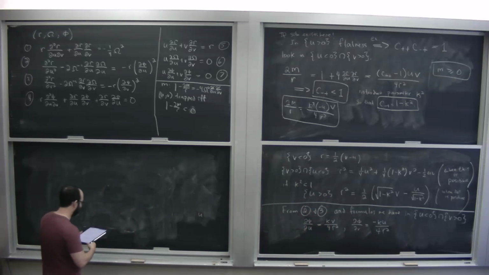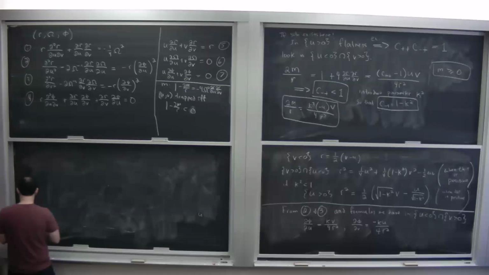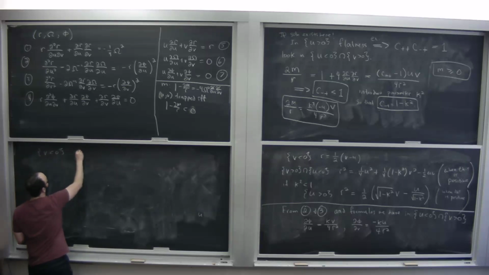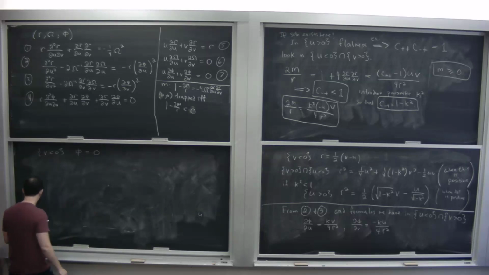So of course you can try to do some integrals, but I'll just tell you what the answer ends up being. So here's what you got. When v equals 0, we always have that phi is 0.